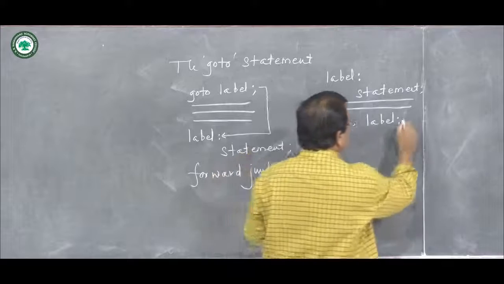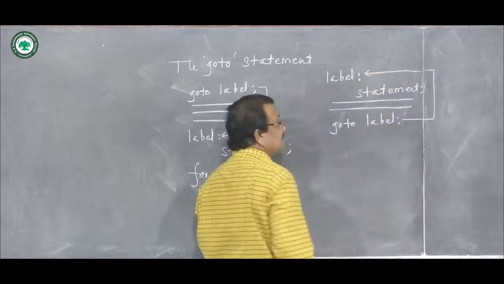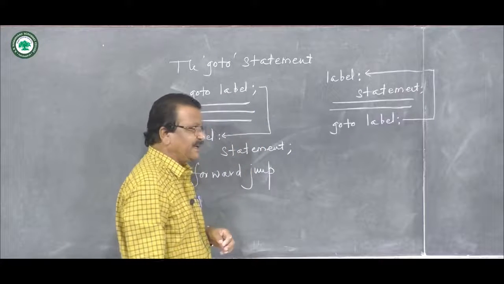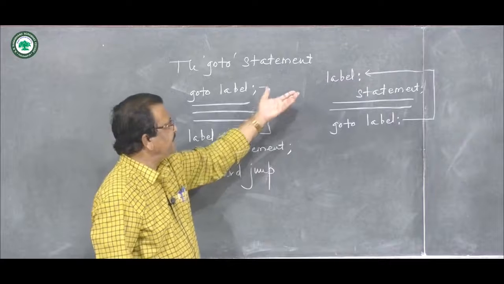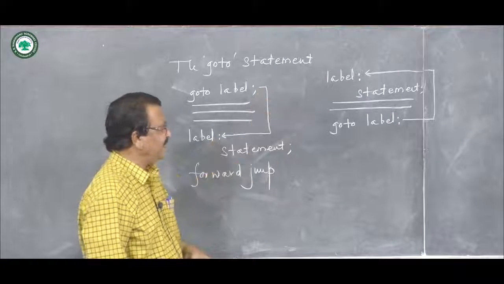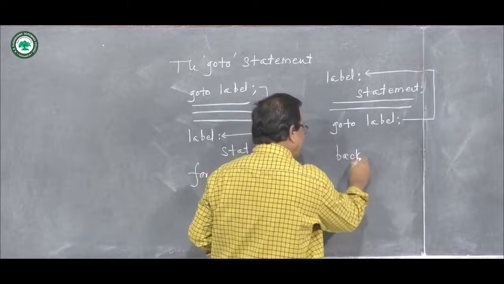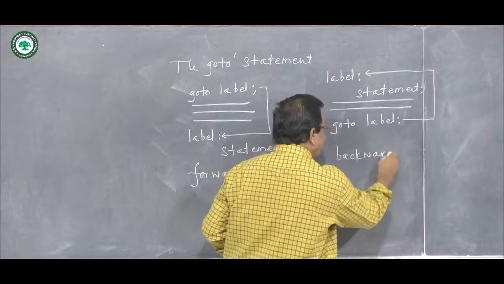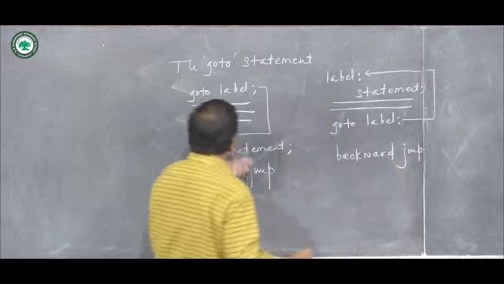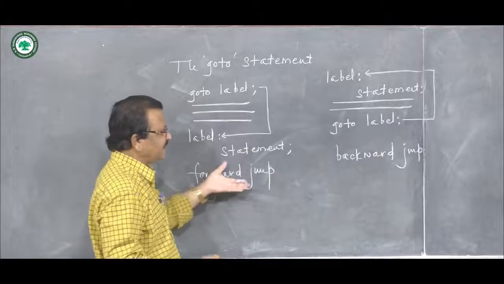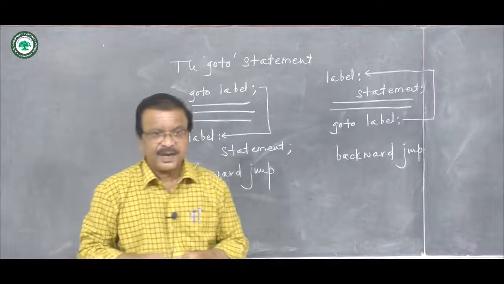So with this goto, control will directly jump to this labeled statement or target statement, which is preceded by an identifier, namely label. This is called a backward jump, because control is going back. Here the control jumps in a forward direction, and here the control jumps in a backward direction.